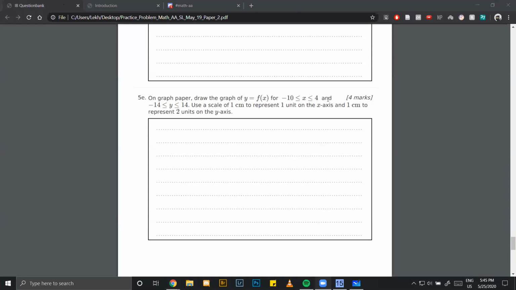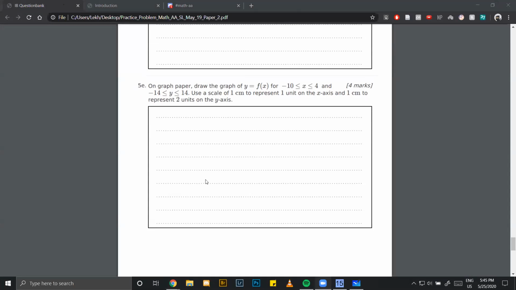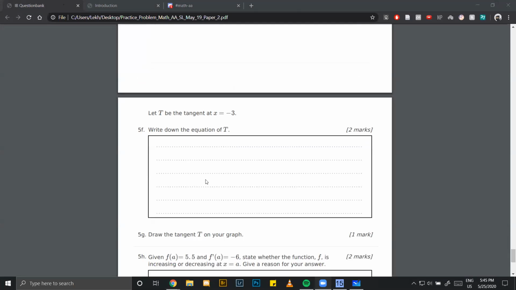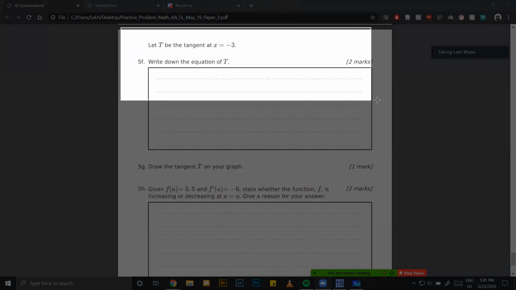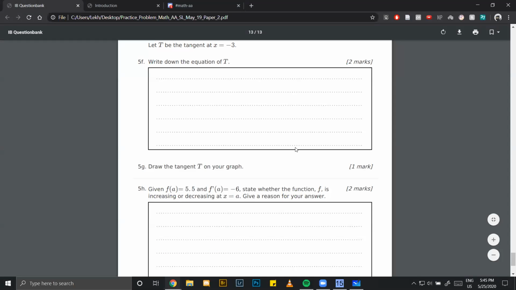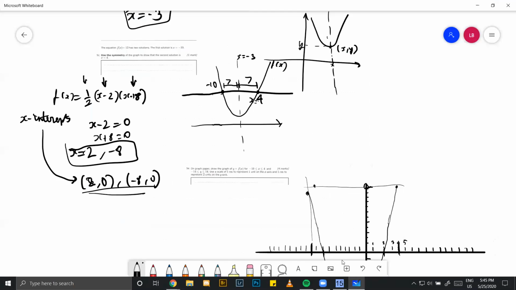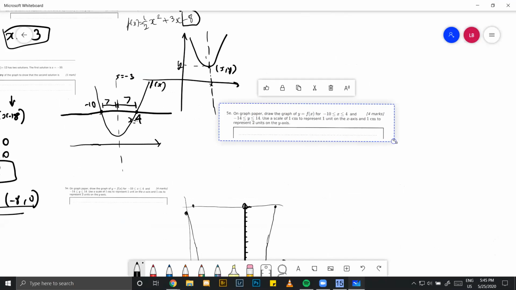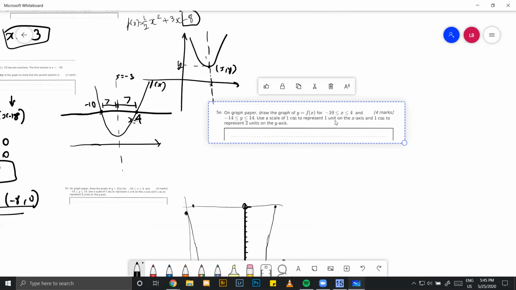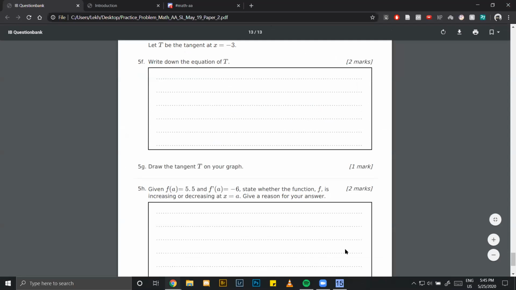On graph paper, draw the graph of y is equal to f of x for negative 10. Okay, done.